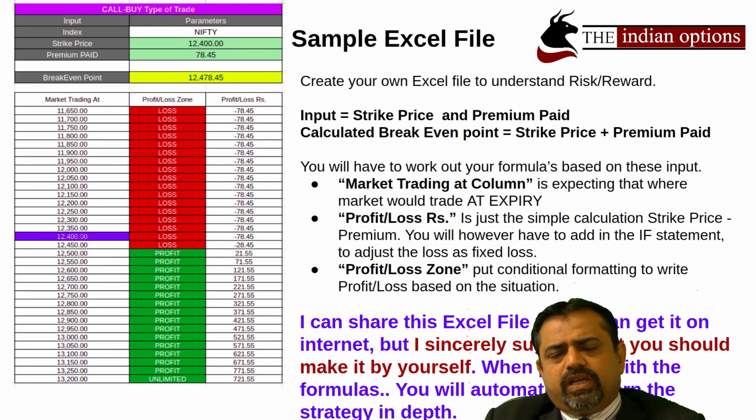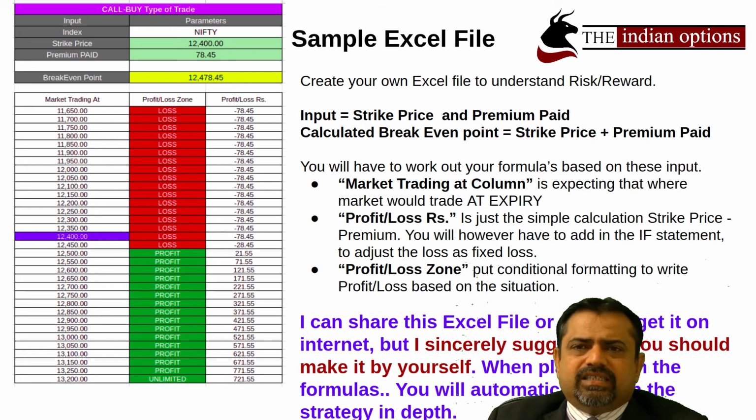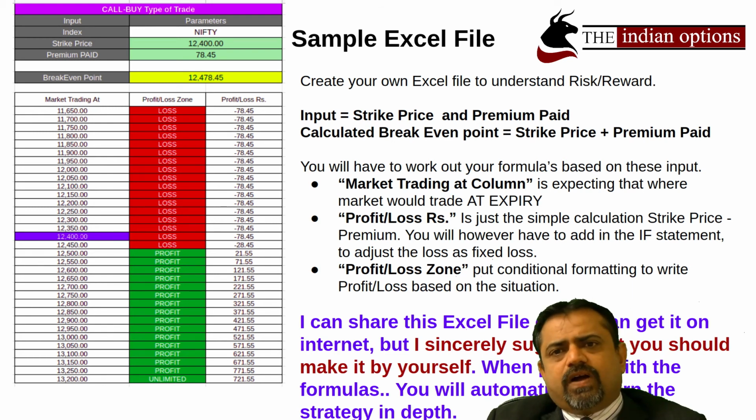I can share this file with you, I have no issues, or you can also find it on the internet. There are hundreds of files you can find to download and see. But what I really suggest is that you should make this file by yourself.